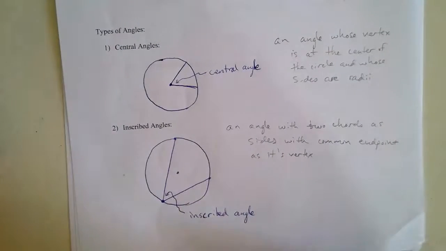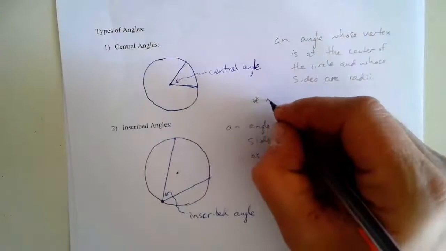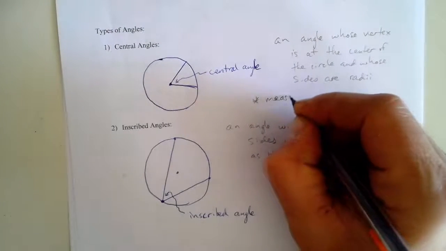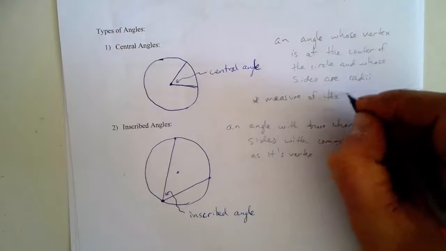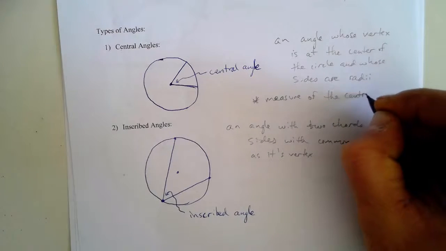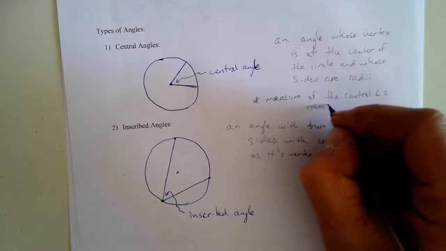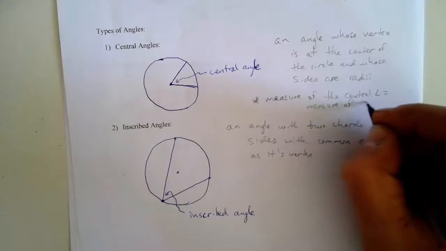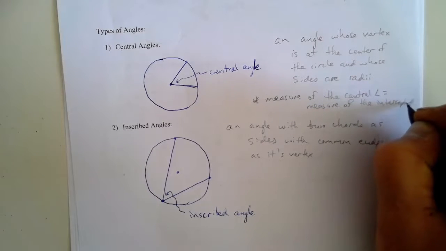The key for central angles is that the measure of the central angle equals the measure of the intercepted arc.